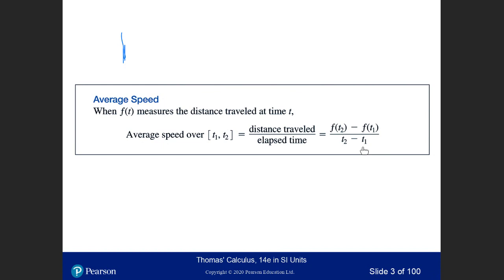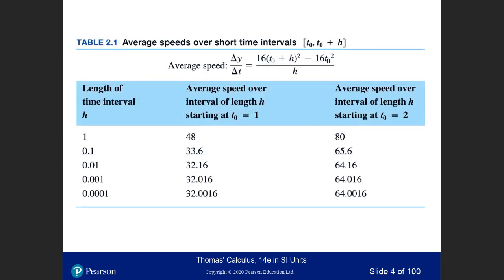So that will give you the average speed of the object. Let's now see a table about that. Now our function here is 16t squared, which measures the distance.